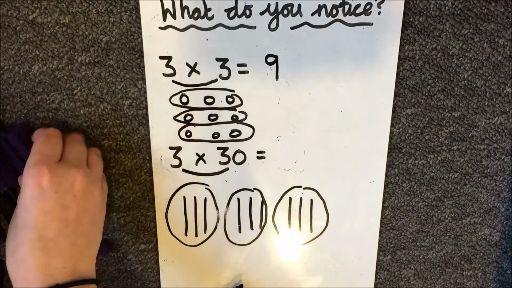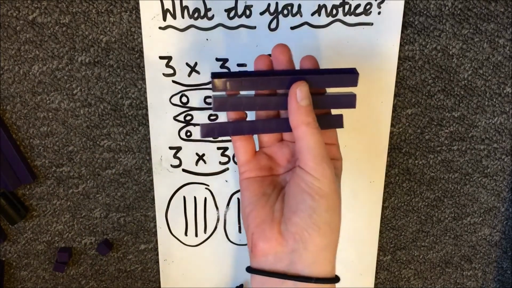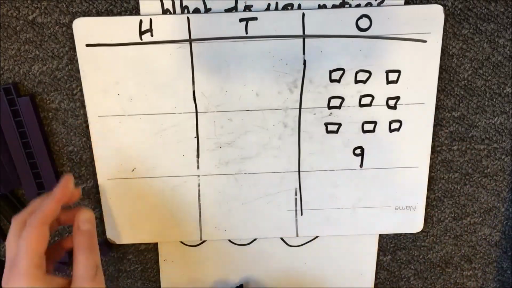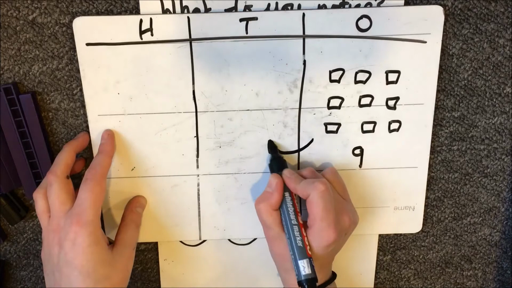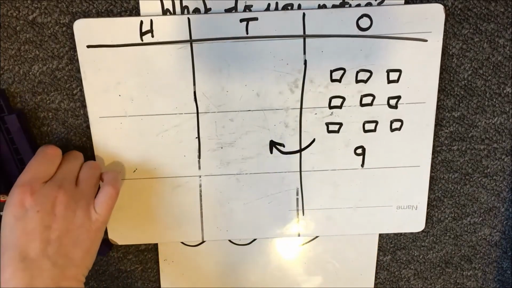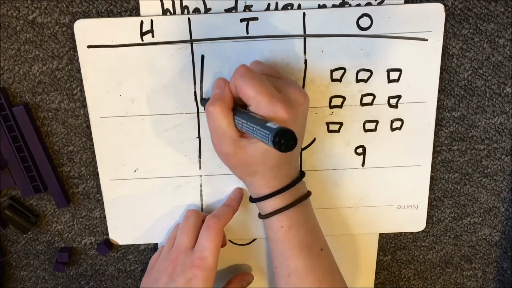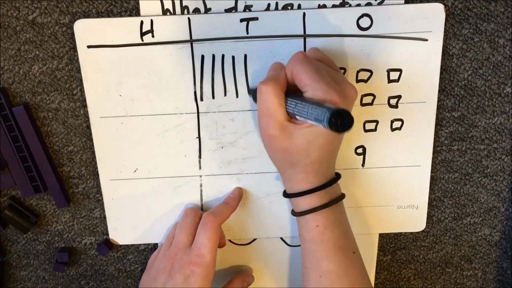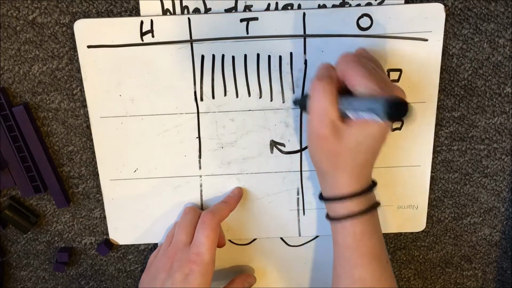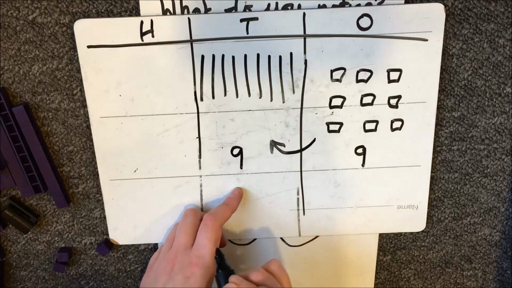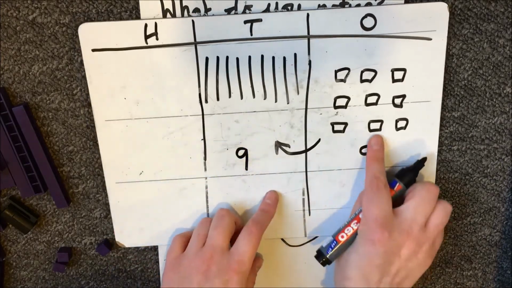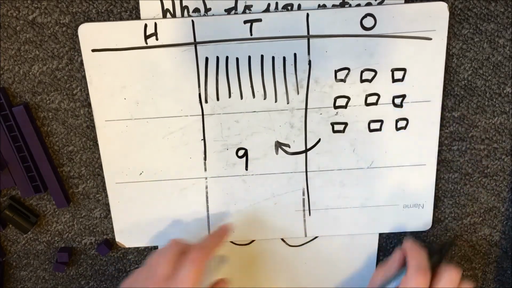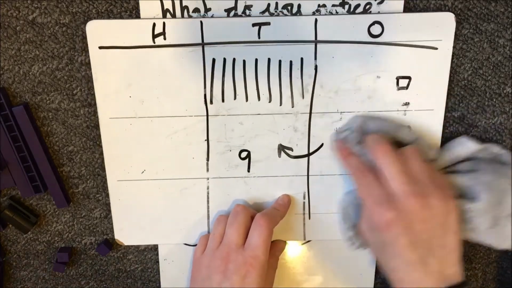I'm timesing 3 tens. So to times by 10, they all move over and they become tens. 10, 20, 30, 40, 50, 60, 70, 80, 90. So now I've got 9 tens and no ones when I times it by 10.